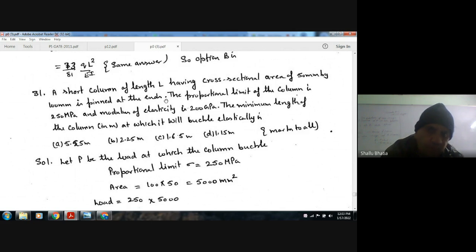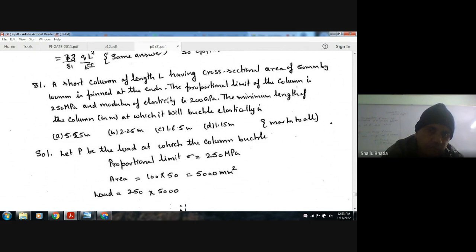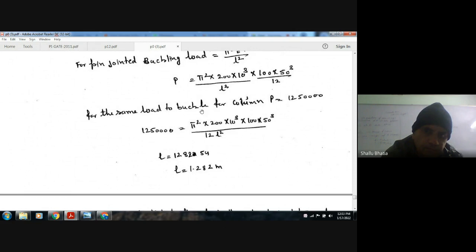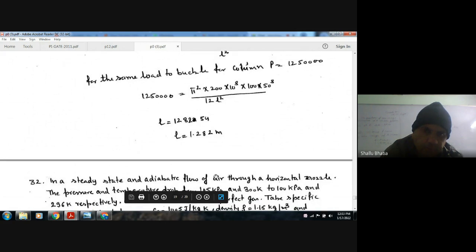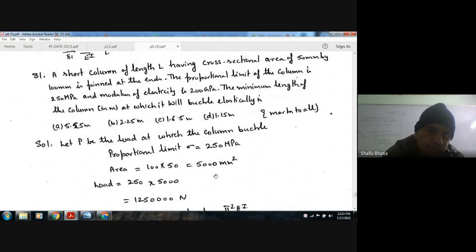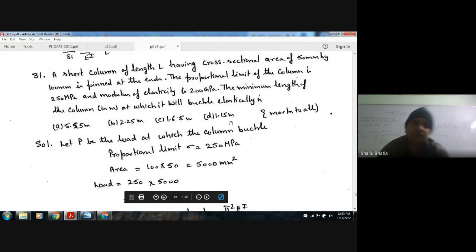Okay. Now we have found out P. Now putting this P equal to the critical load of the column, L will come out as 1.2 meter. So the nearest option may be D, but the marks are given to all.